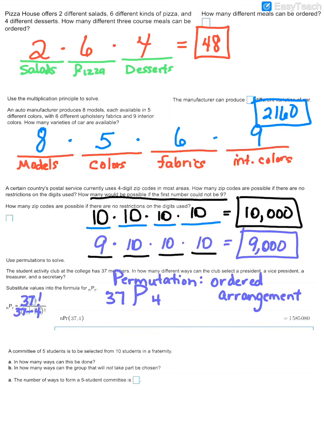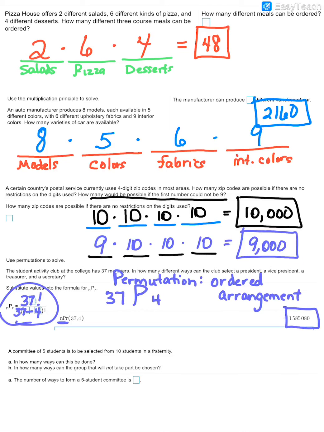With Desmos, if you look under the functions menu, there's a function called NPR, which stands for permutation, and you're going to put your N, comma, your R, and then hit enter, and it calculates it for you. So it's doing that N factorial like over here, and it's dividing by the N minus R. So notice, in that case, there are 1,585,080 different ways to choose those officers.